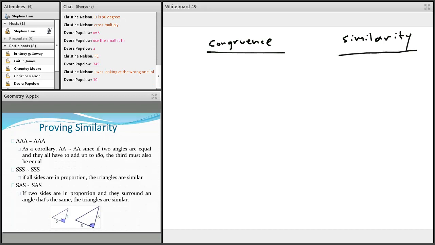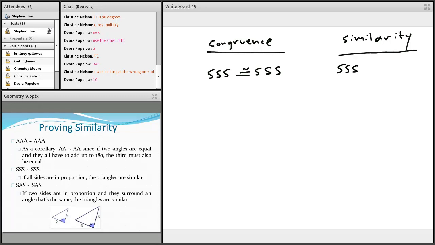For congruence, for example, if all three sides were equal to each other, you had side, side, side is congruent to side, side, side. Now, the same thing is true with similarity, except not equal to each other, but in proportion. If all three sides are in proportion to each other, that proves that the two triangles are similar.